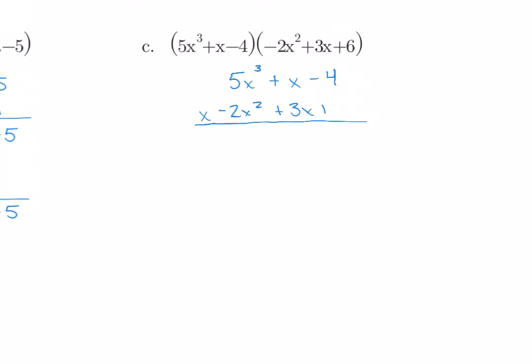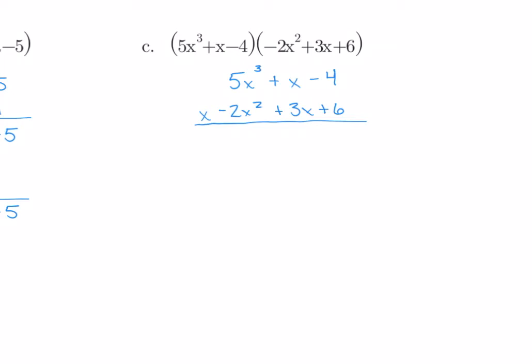Now, one of the things that we want to be careful about when we do this is to make sure that we have our constant term, our x term, our x squared term, and keep going. If we skip any of these, we want to leave a space just so that we have our like terms lined up vertically, so that when we get to our combining step, we aren't trying to combine an x cubed and an x squared.